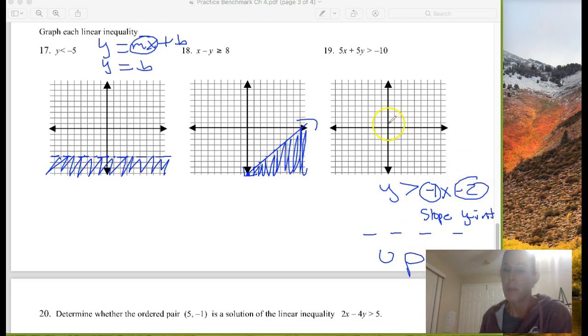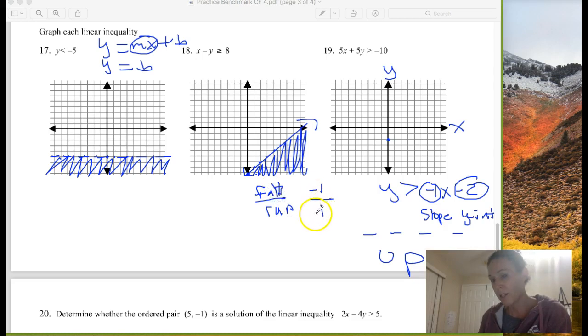Let's do it. My y-intercept is at negative 2, 1, 2 on the y. Remember, x is always horizontal, y is always vertical. So negative 2 on the y for the y-intercept. The slope is negative 1, and I always put it over 1 if there's no denominator. I rise over run, but if it's negative, I fall first. Fall over run, and run is run to the right unless you change it.